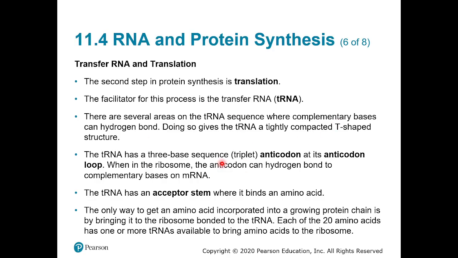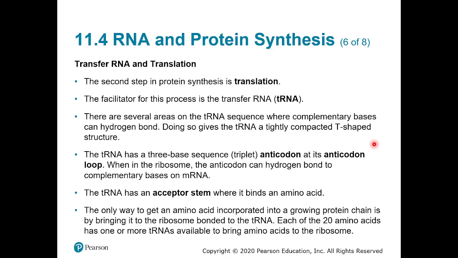And so tRNA, again, is going to have a triplet 3-base sequence that's called the anticodon and its anticodon loop, which is going to match up. And so what you'll have is you'll have these little tags that will attach to amino acids. On the other side, they code for different mRNA codons, which are 3-letter designations, 3-base designations, which they can then hydrogen bond to.